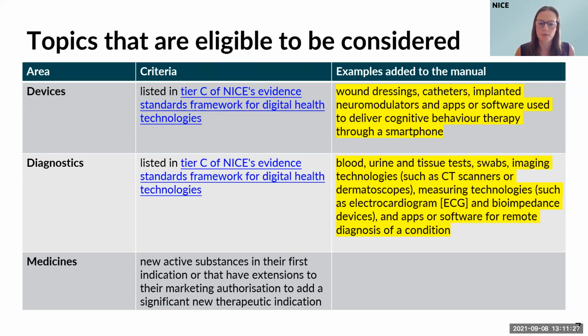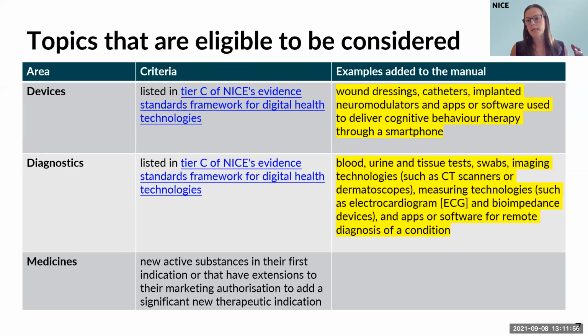There was a request that stakeholders asked us to be clearer on what was meant by a new active substance or a significant license extension. Now, these terms came from the 2019 voluntary scheme, so they're a little bit harder to give examples of. But as I've mentioned in various forums with stakeholders, and you'll see later on through my presentation, topic selection are working to be more transparent with their decision making.